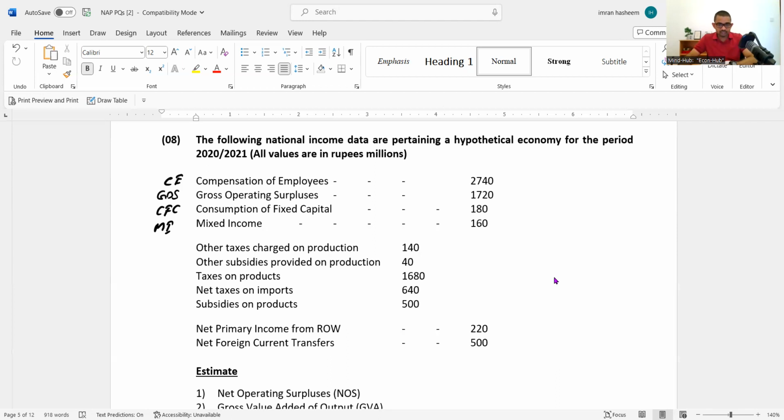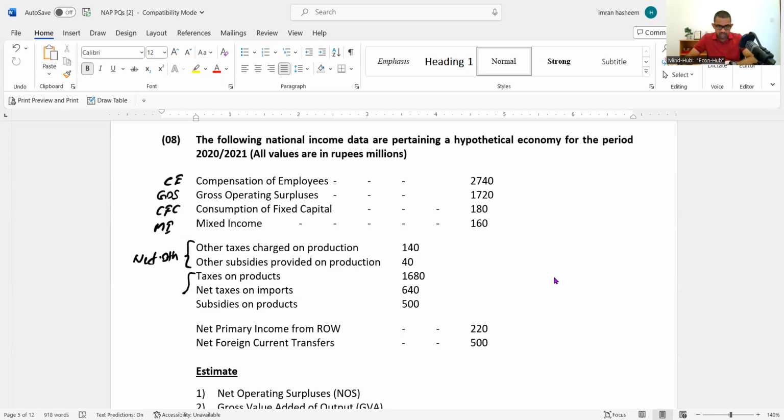Other taxes charged on production is given. Other subsidies provided on production is given. Okay, both tax and subsidy for other. So you might be able to get a net value there, net OTH, other value there. Then taxes on products is given, net taxes on imports is given, subsidies on products is given.